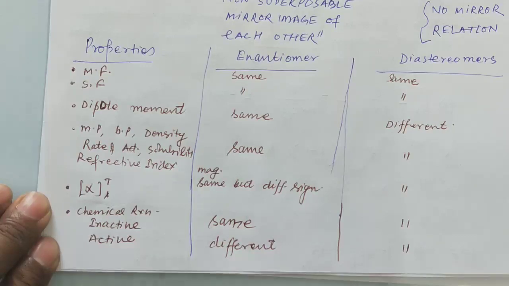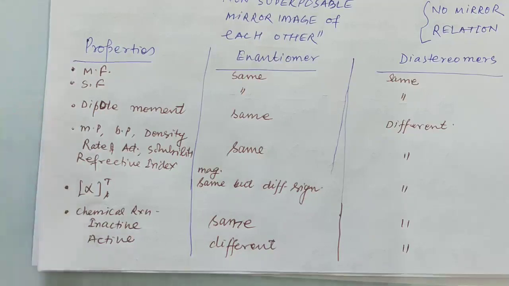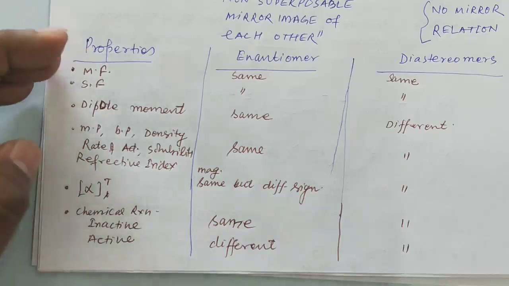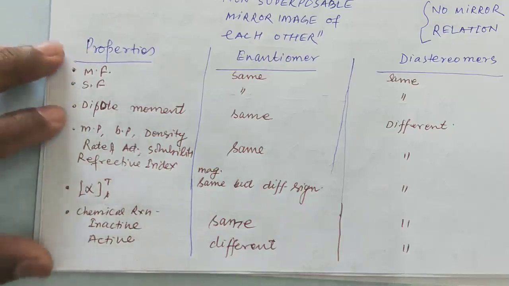But diastereomers have all the physical properties different. The two diastereomers have the same only molecular formula, structural formula and connectivity. That's it. The rest of the physical properties are different.